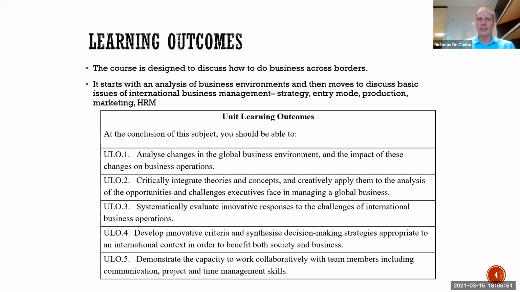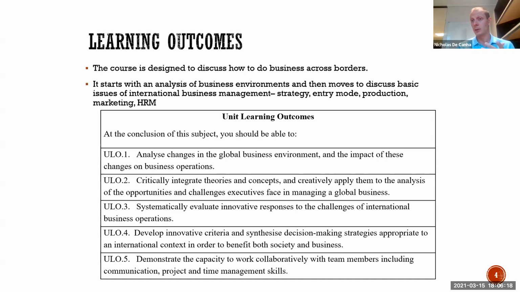This is some stuff directly out of the learning outcomes, fairly administrative, but these are the 5 unit learning outcomes that we're expected to deliver on. Analyzing changes in the global business environment, critically integrate theories and concepts and apply them to the analysis. Well, as I said, with 5 cases, we're certainly going to achieve that. Systematically evaluate innovative responses to the challenges of international business.